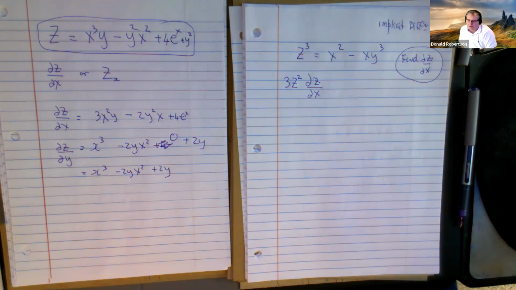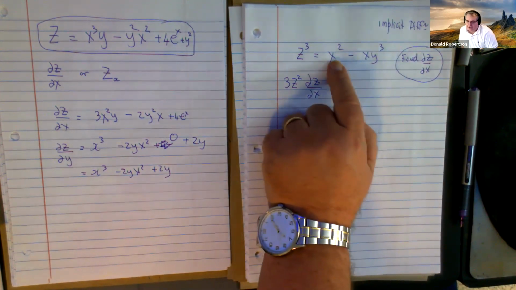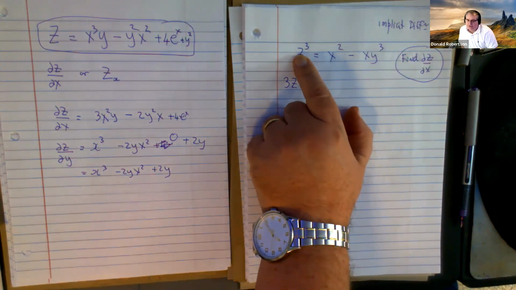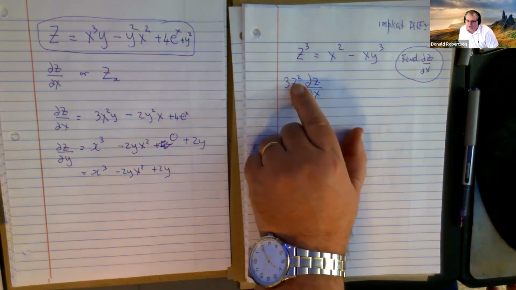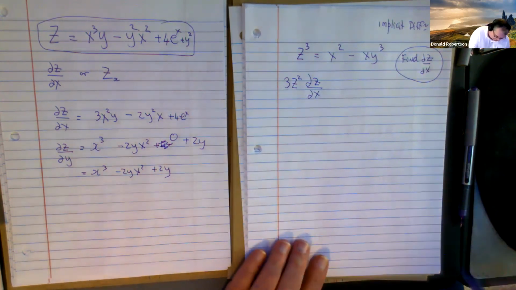Y cubed would get you 3y squared dy by dx. Remember that kind of thing? That's what's happening here. The reason is that in these questions, x is a variable, but z is considered to be also a variable that has x's in it. So when you differentiate it, you get 3z squared times dz by dx.